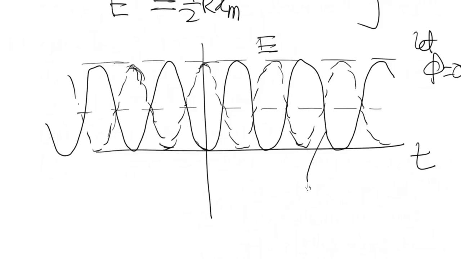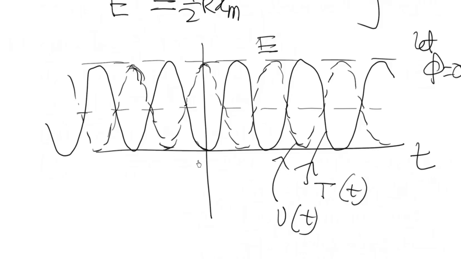Okay, and this one is in the t, the kinetic energy, and this one is potential energy. And you see the sum of this U and T is constant, which is E, 1/2 k xm square. So what we have seen in terms of position as well as in terms of time t, graphically we have shown that the conservation of total mechanical energy is satisfied.